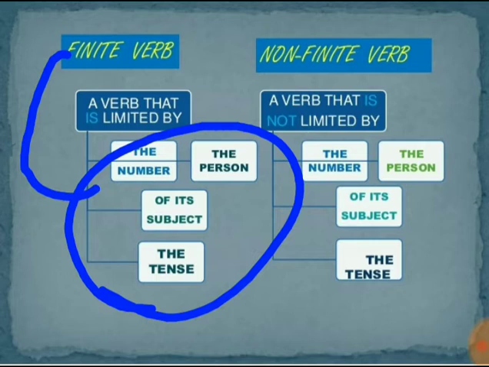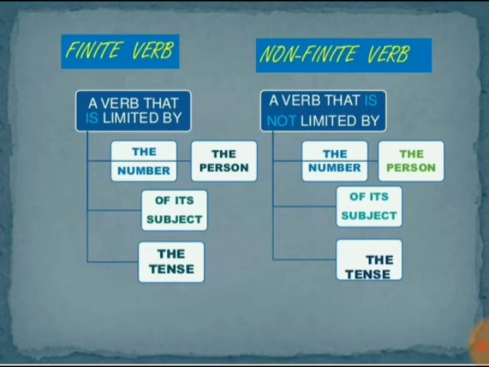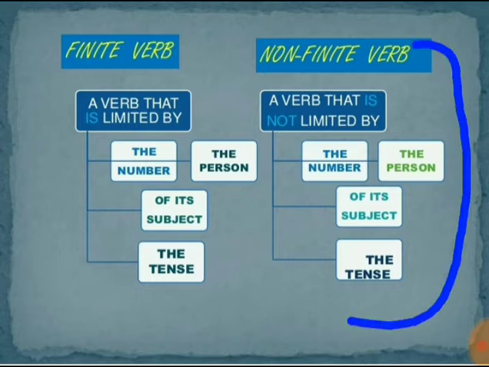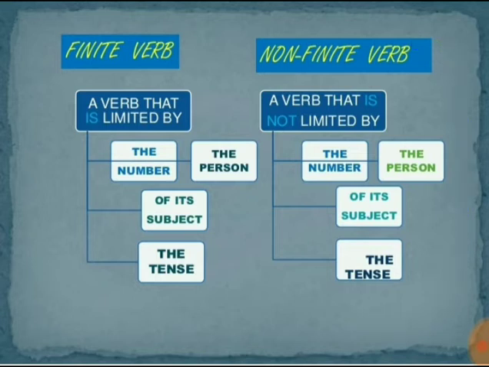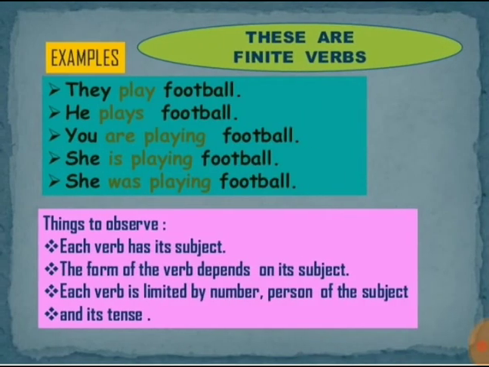Okay, but there is nothing such like that with these non-finite verb. A verb that is not limited by the number, the person of its subject or the tense is called non-finite verb.